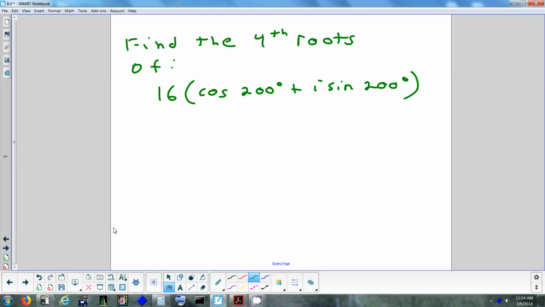Okay, the first step is just to write down the equation. Does anyone remember what goes on the left to start? Just a single letter to a power. Z to the 4th. Okay.